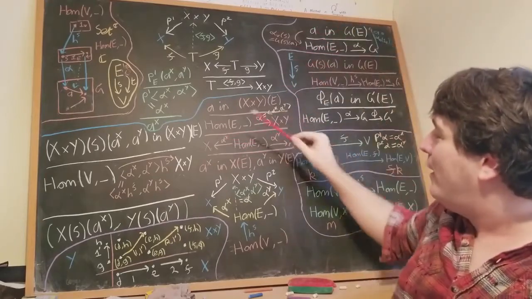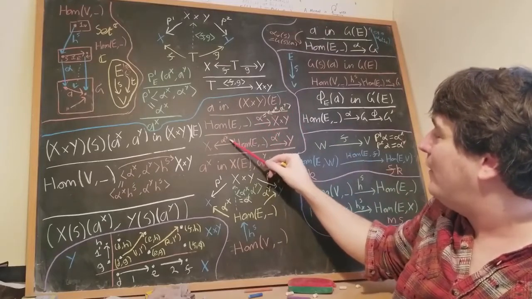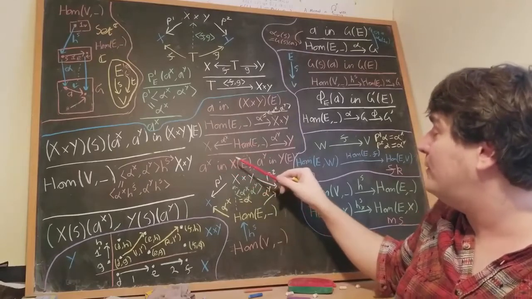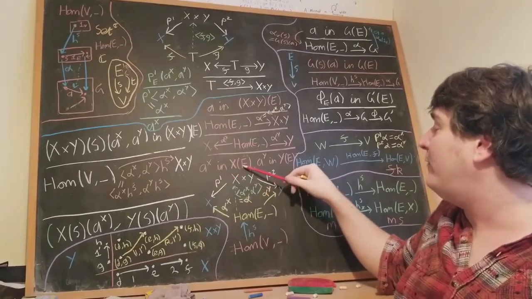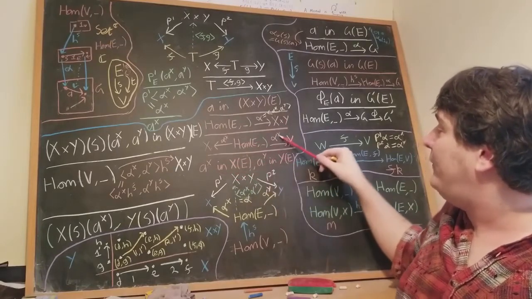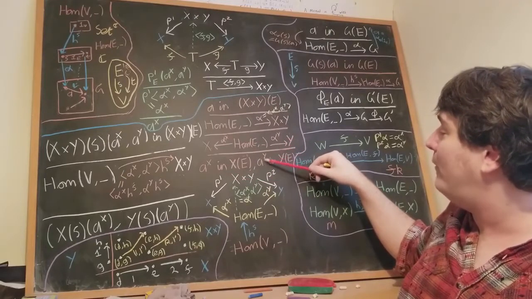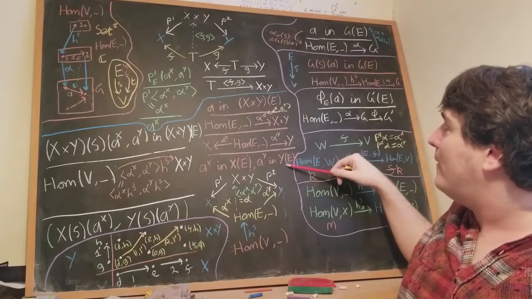This alpha^X then corresponds to something we might call a^X, which is going to be an element of X(E). And this alpha^Y corresponds to an element that we might call a^Y in Y(E).